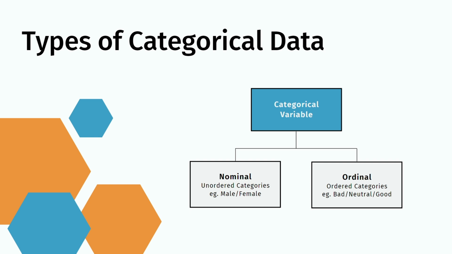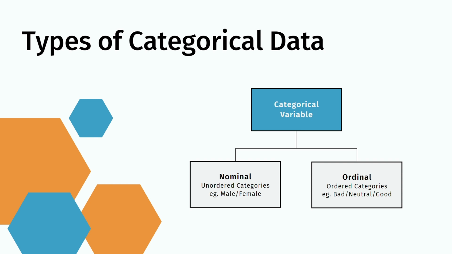But for ordinal, which is ordered categories, take bad, neutral, and good. Just looking at the example, you know that bad is the worst kind, neutral is maybe okayish, and good is obviously a positive thing. So you can put them into levels and clearly understand the weightage.